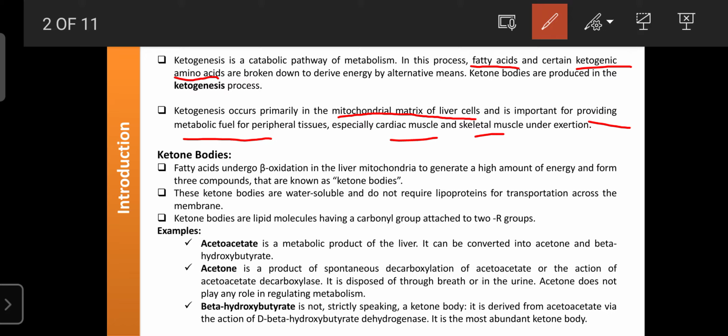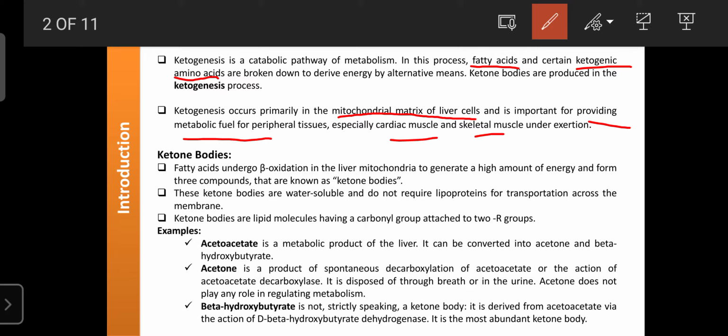Gluconeogenesis is the alternative way to continuously supply glucose to our body from non-carbohydrate sources. Due to any enzyme deficiency or metabolic disorder or condition, gluconeogenesis may be insufficient. At that time, ketogenesis helps to supply continuous energy to our body.